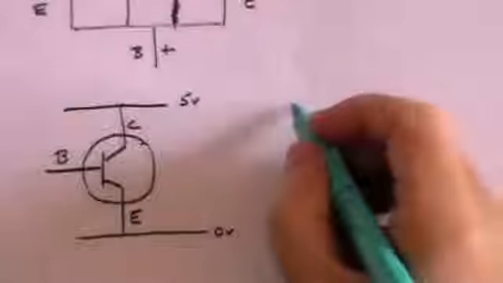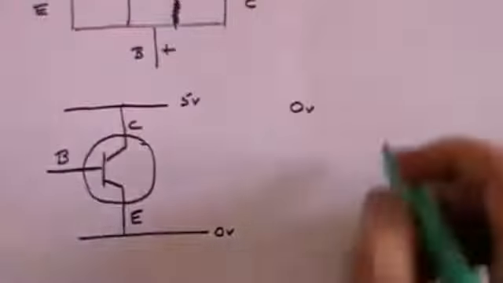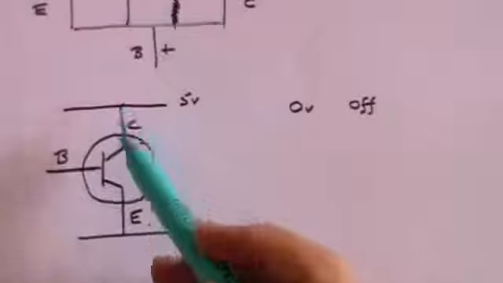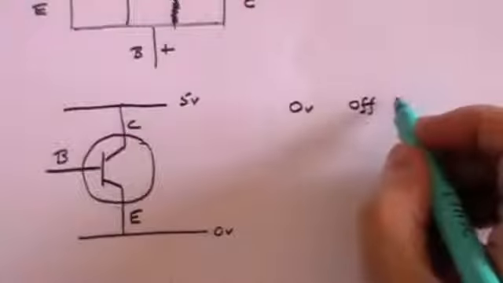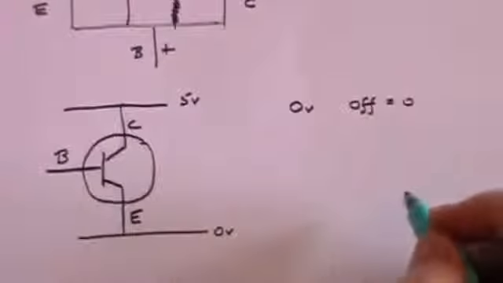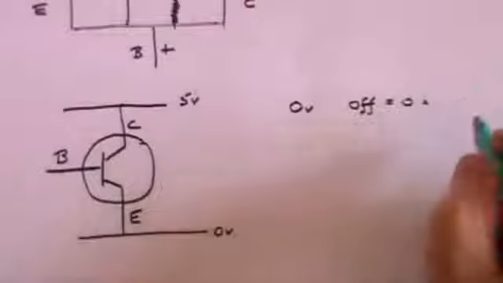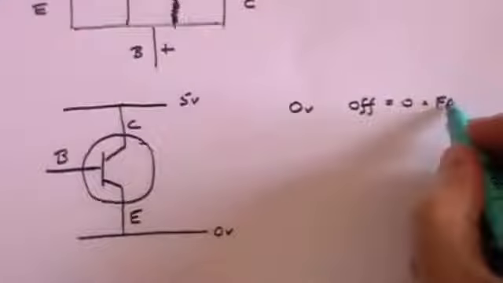So what you can say is, if there is no voltage on the base, then the switch is off, because no current will flow through. So insofar as that transistor is acting as a switch, it's off, nothing will flow. And that is often given the symbol 0, or sometimes called false.